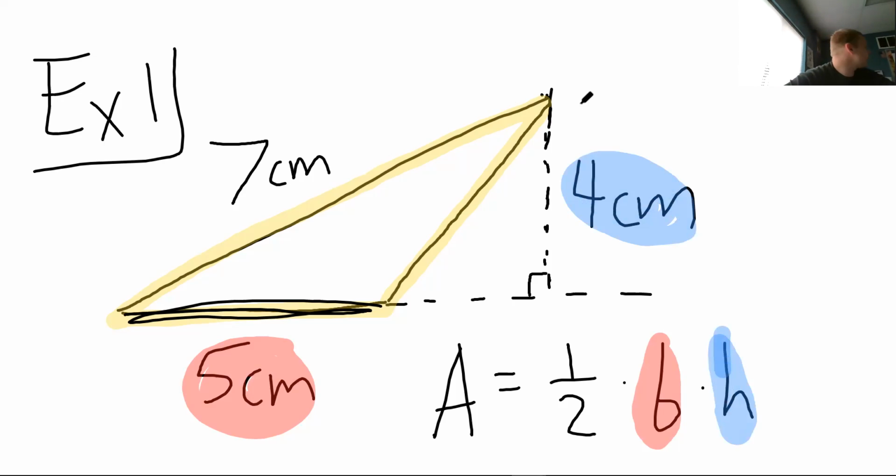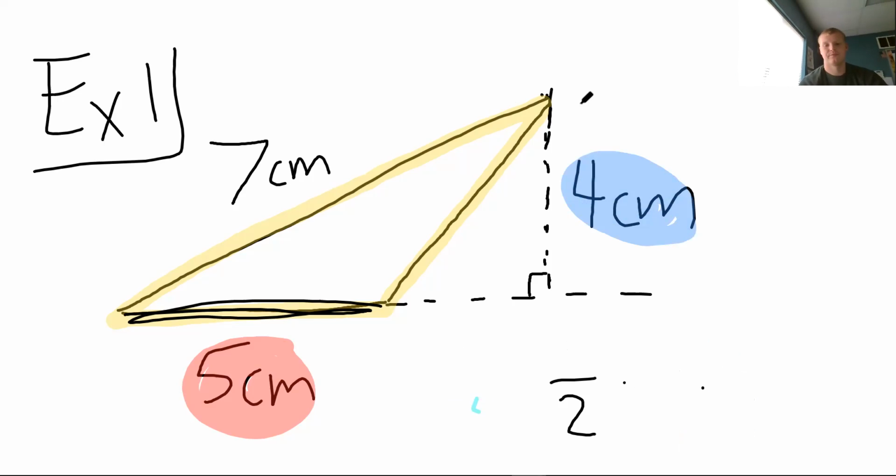So I'm assuming Bethy is just plugging those in and then solving from there. So we would have A equals 1/2 times 5 times 4. So this is why some people do like the division way.